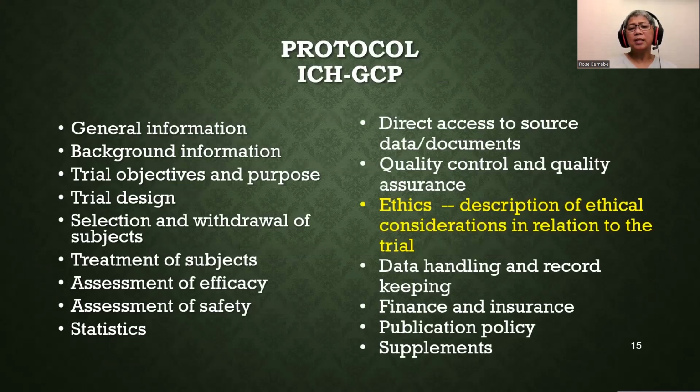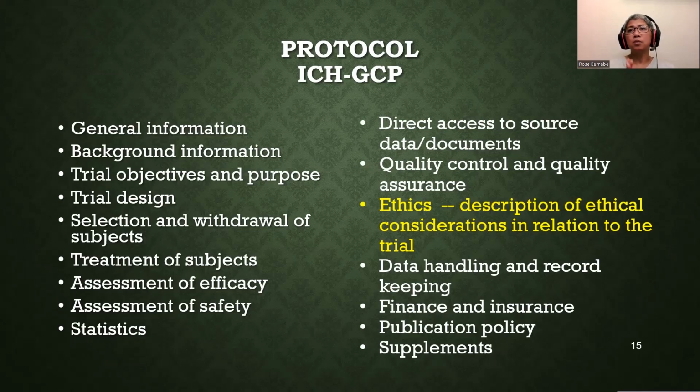Now, if we look into ICH GCP, the protocol that's submitted to the ethics committee would contain many things, such as what you see in front of you, but also including a section about ethics, the description of ethical considerations in relation to the trial. And of course, it would be ideal if the ethics committee's application form would require more information on this description of ethical considerations, right?